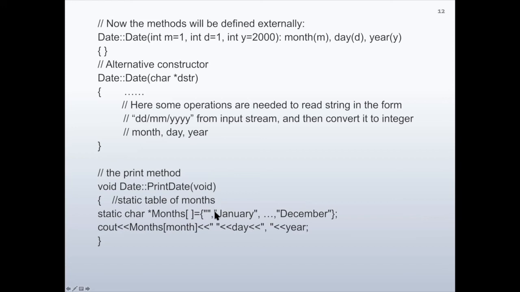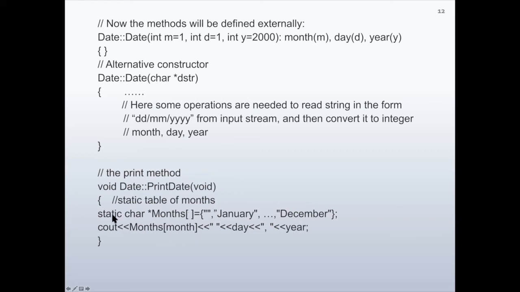And then we have the value for the month 1. It has value January, and it goes in this way. The last one, month 12, is December. Because here we have 13 elements, months has entries from 0 to 12.